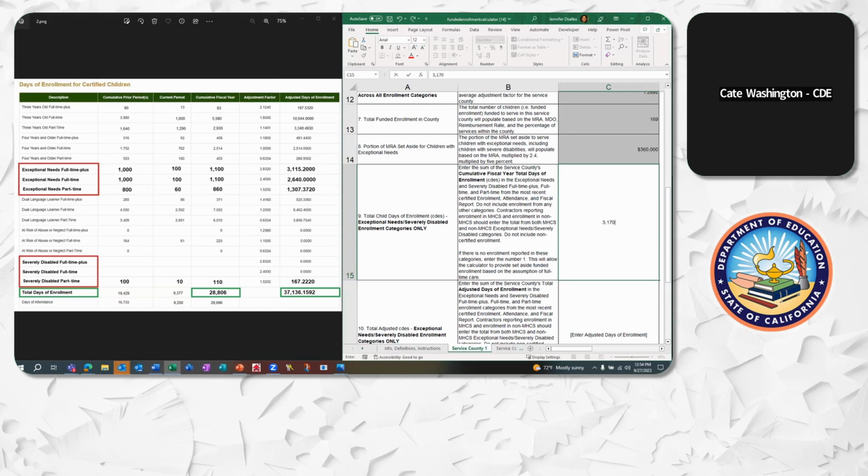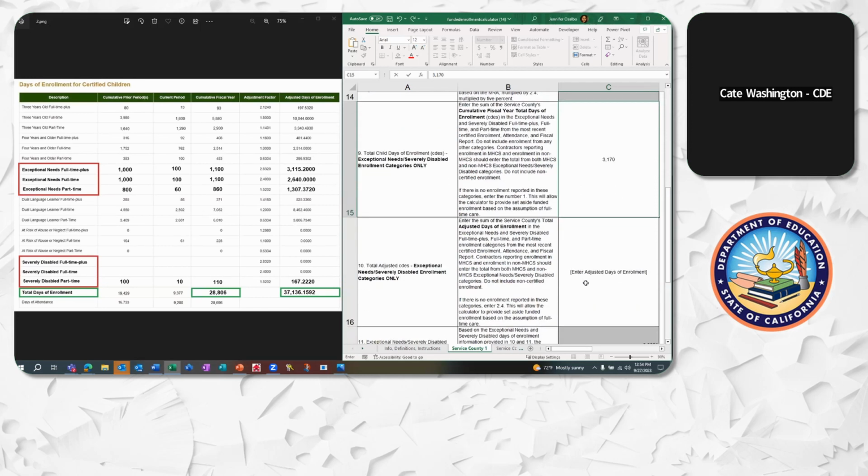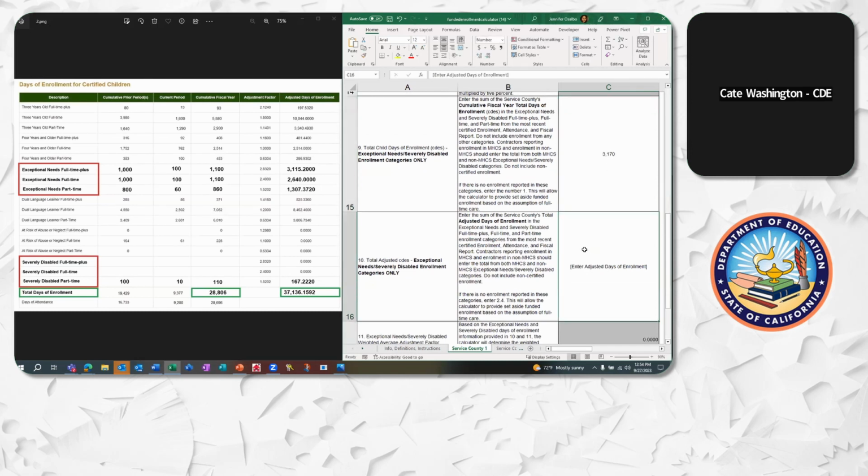Next, you will do the same thing with the adjusted days of enrollment, the days of enrollment multiplied by the adjustment factor categories. In our example, we will take 3,115.2, 2,640, 1,307.3720, and 167.2220 for a total of 7,229.794.